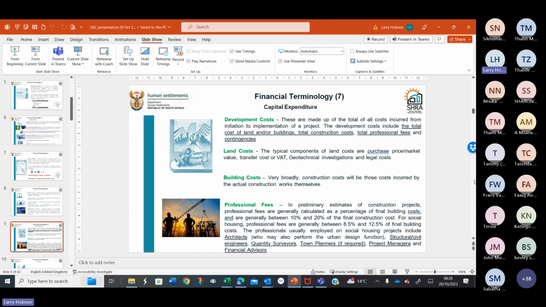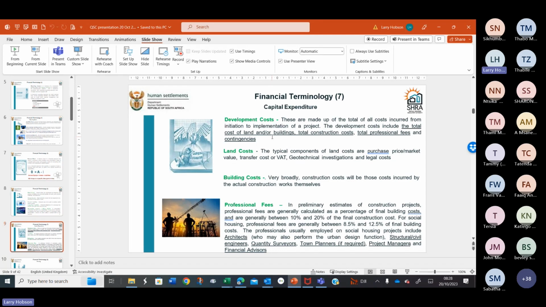It would include the cost of your land, the buildings, total construction costs, professional fees that go into the build. And you'd be budgeting for contingencies as well as part of your planning. But by the time you come to turn it into an asset, those contingencies have either been released or been spent.